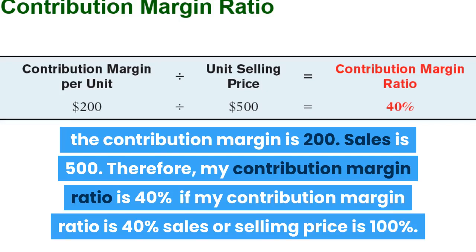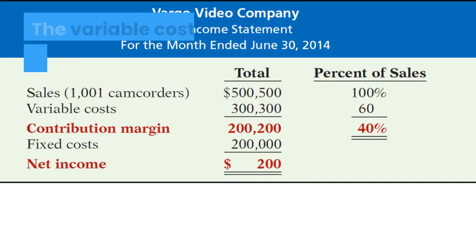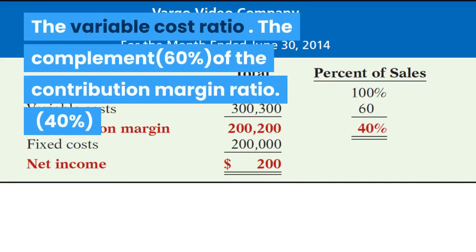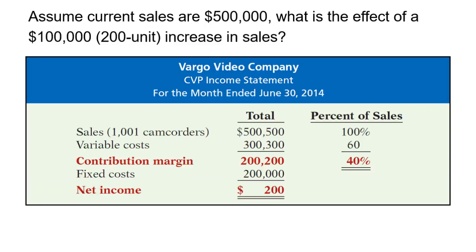If my contribution margin ratio is 40%, sales or selling price is 100%, and the variable cost ratio, the complement, is 60%. So the contribution margin ratio is 40, the variable cost ratio is 60. They have to add up to 1.